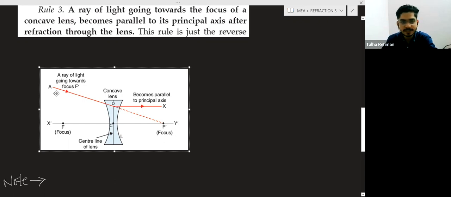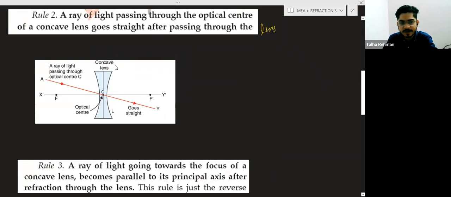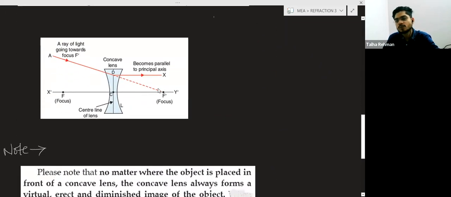So the ray of light going towards the focus of the concave lens becomes parallel to the principal axis after refraction through the lens. Here, if a ray of light is parallel, it will appear to come from the focus. And here, if a ray of light appears to be going to the focus, it will become parallel. So both these rules are just reverse.